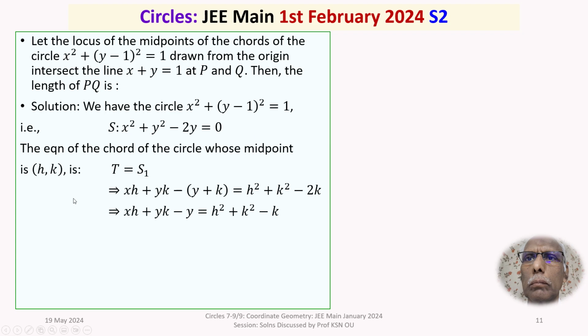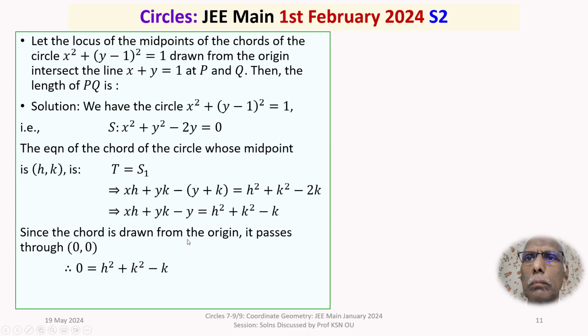But this is the equation of the chord of the circle whose midpoint is (h, k), and it is passing through the origin. So since the chord is drawn from the origin, it passes through (0, 0). So substitute x = 0, y = 0, and you will get 0 = h² + k² − k.